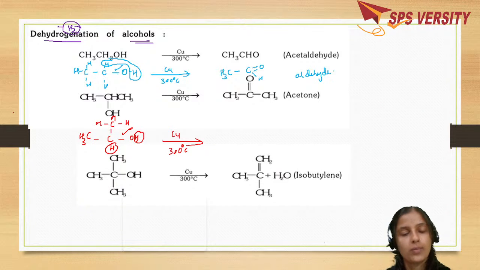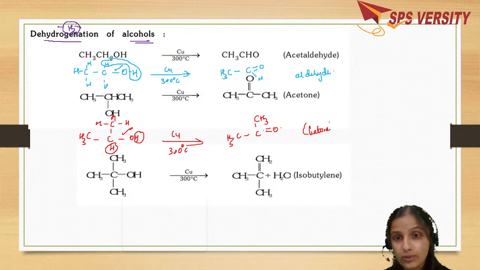Because two hydrogens are being removed from the neighboring atoms, you will get a double bond in between them. That results in the formation of CH3, CH3, C double bond O. This results in the formation of a ketone. So the primary alcohol is going to give you an aldehyde, and the secondary alcohol is going to give you a ketone.